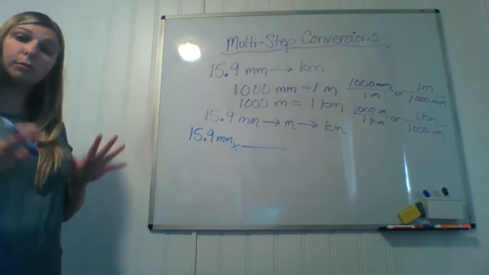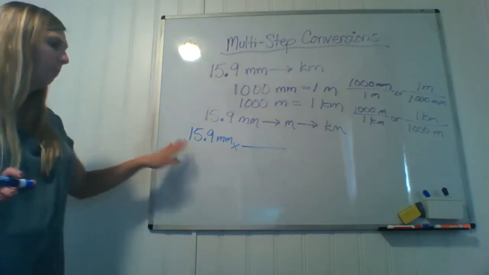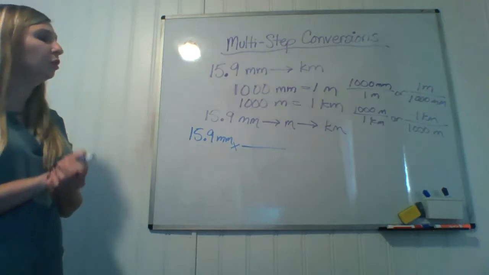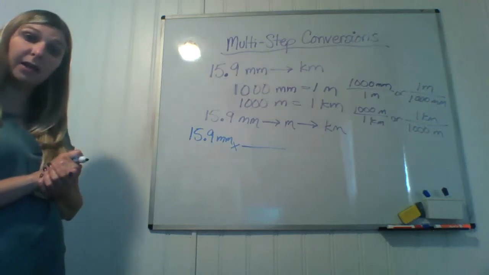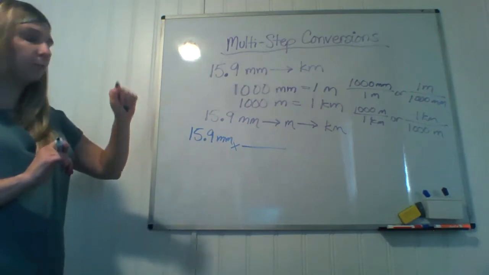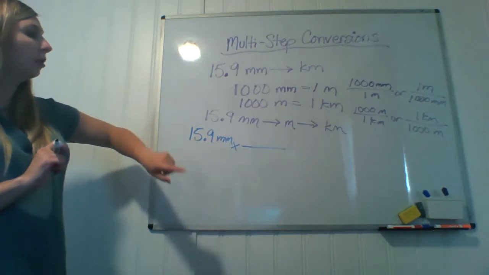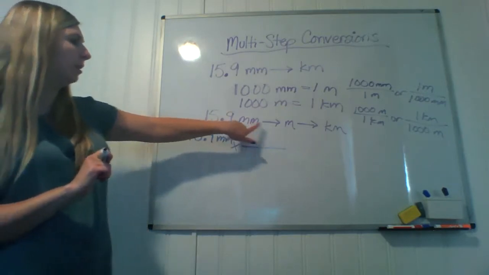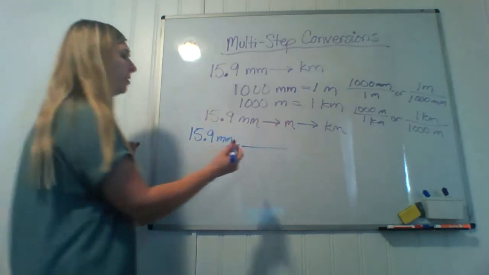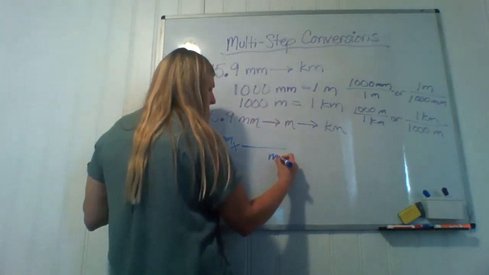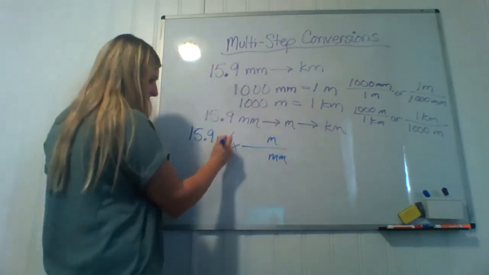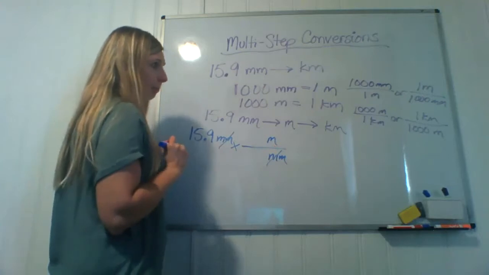Anytime you're doing dimensional analysis, ignore the numbers until you have the units set up. We must always cancel diagonally in order to achieve desired units. So in our first step to go from millimeters to meters, we need to choose a conversion factor that's going to have millimeters on the bottom and meters on top to allow us to cancel diagonally.